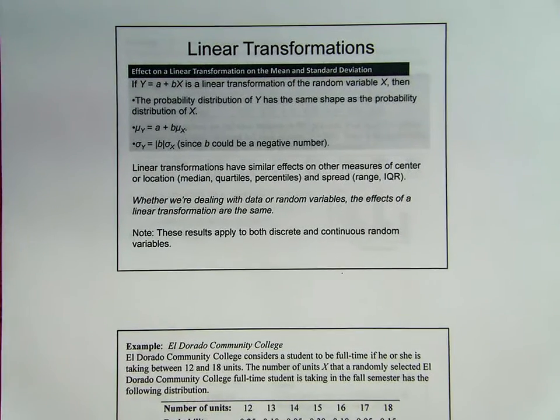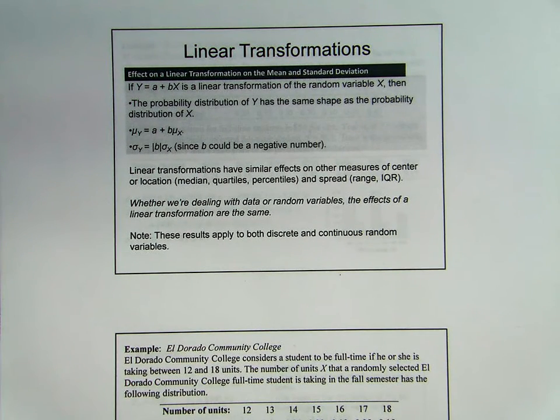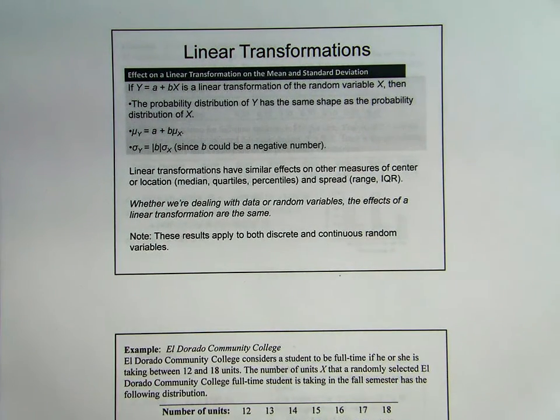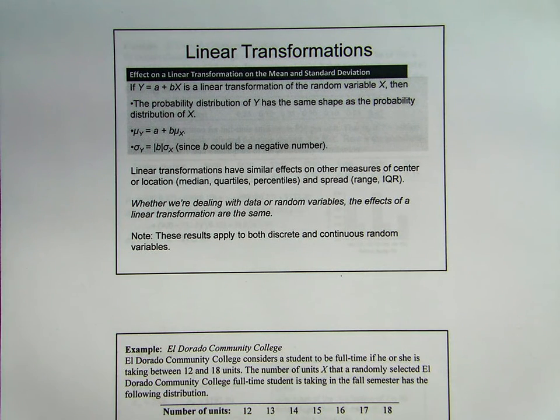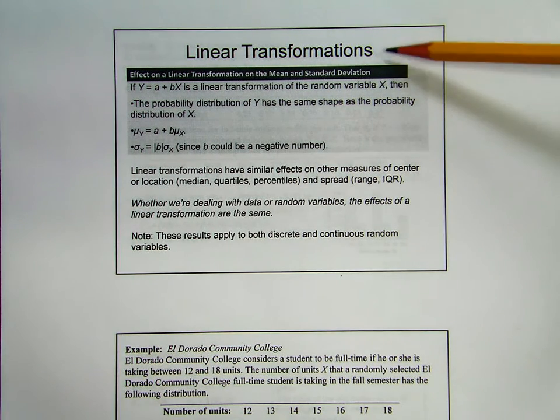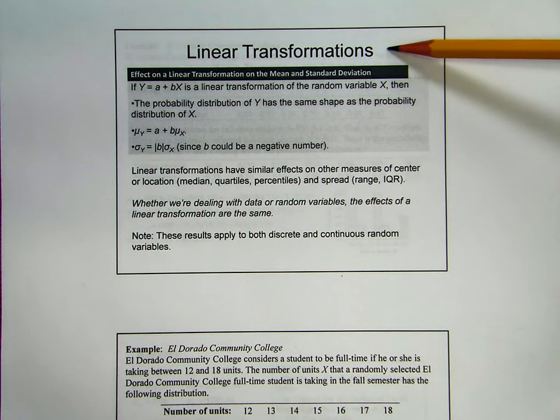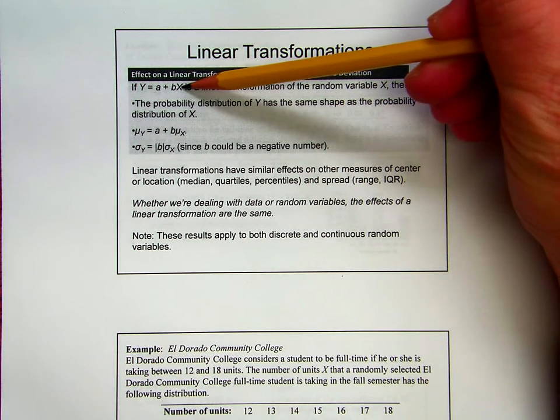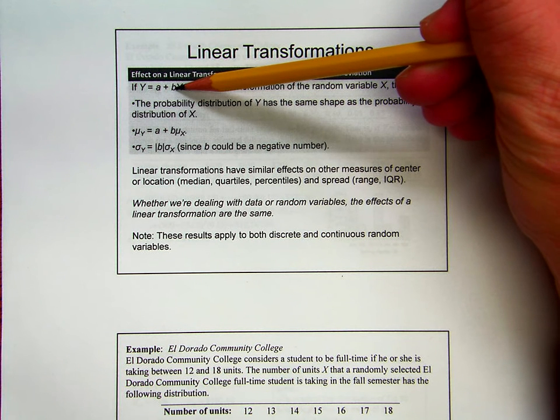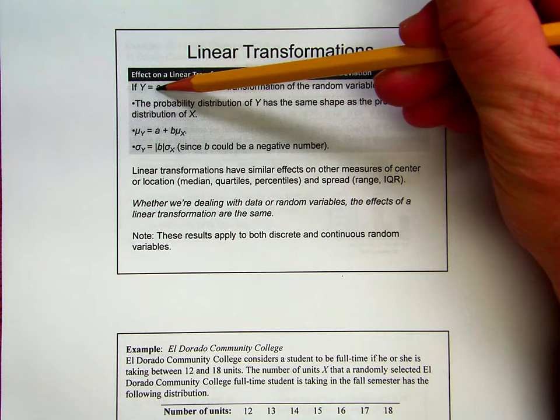Oh, we're not there yet. I'm sorry. One more background slide. Okay, sometimes that multiplying or dividing and then addition or subtraction can be described as a linear transformation. So your variable, which in this case is now a random variable, is multiplied by something, added to something else.